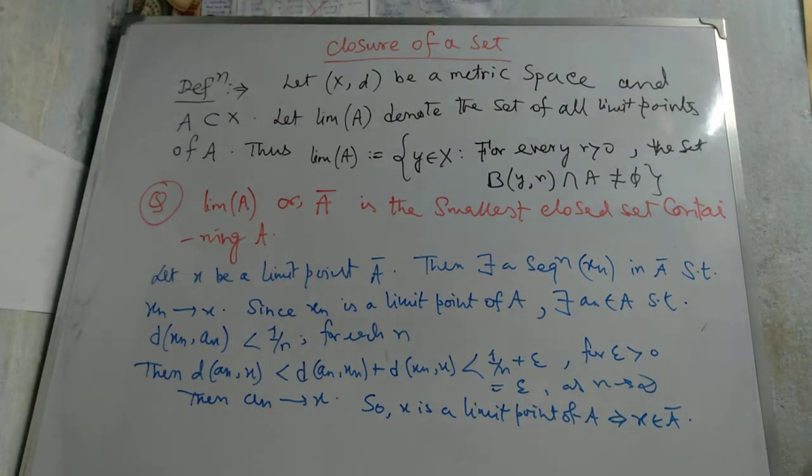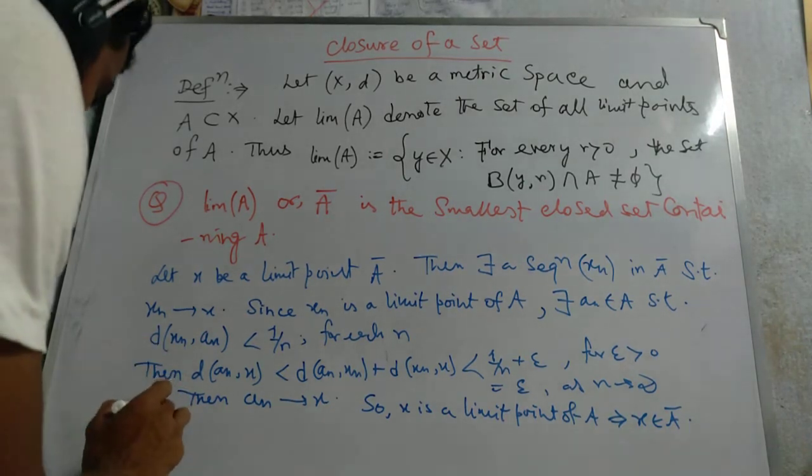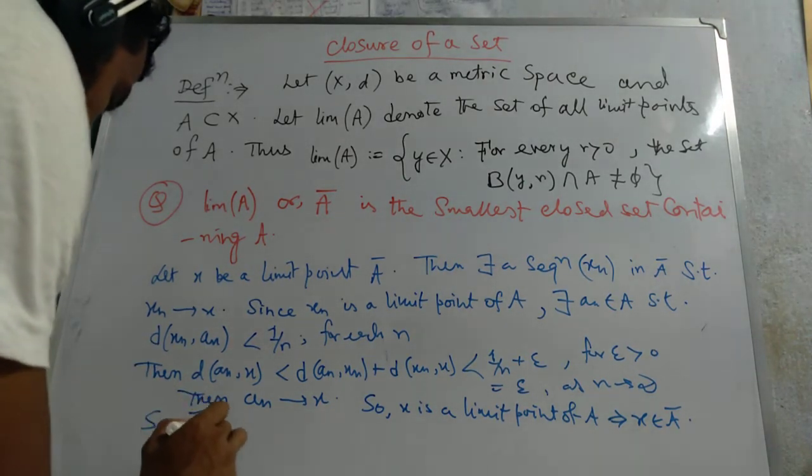Then x belonging to the limit points of A bar implies that x belongs to A bar. So A bar is closed.